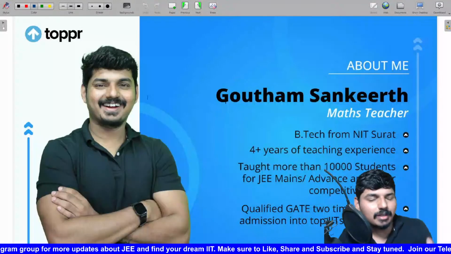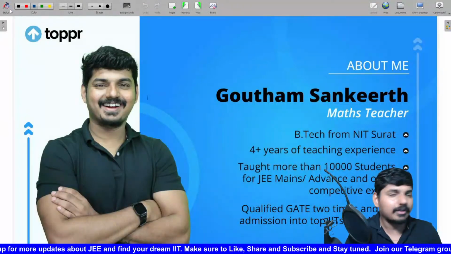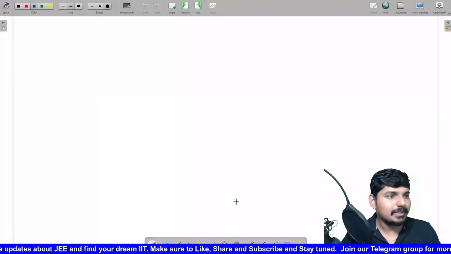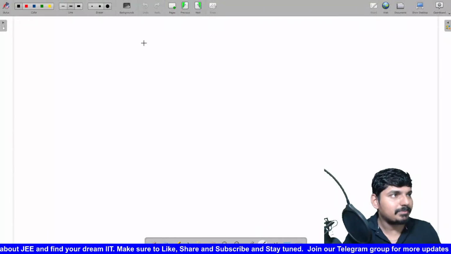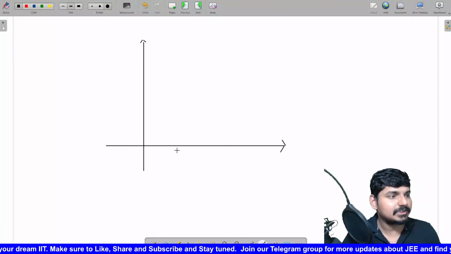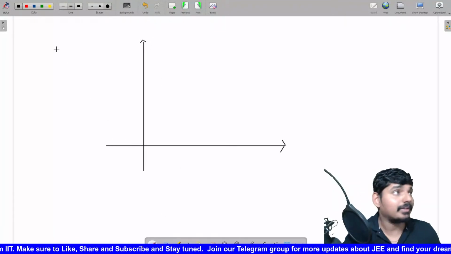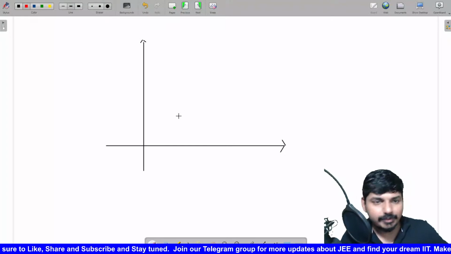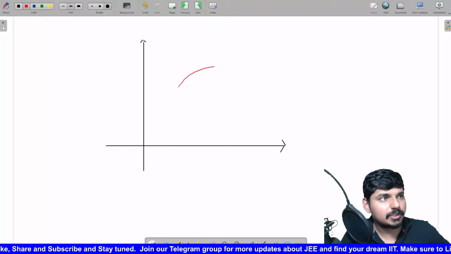To understand how we got this equation, look at this graph. Let me explain it through a simple graph. This is your x-axis and this is your y-axis. Let me draw a curve which is y equal to f of x.